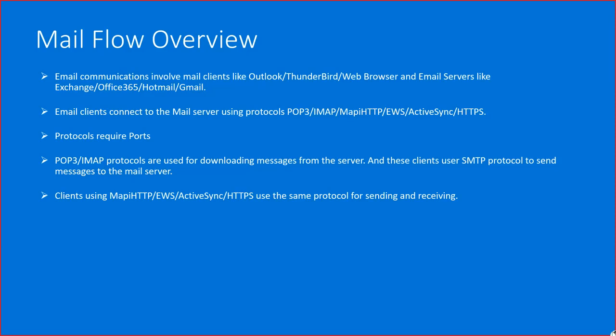Clients that use MAPI HTTP, ActiveSync, HTTPS all use the same protocol for both sending and receiving. So unlike the old protocols where one protocol is used to download messages and another protocol is used to send messages, HTTPS based protocols use the same protocol for sending and receiving.